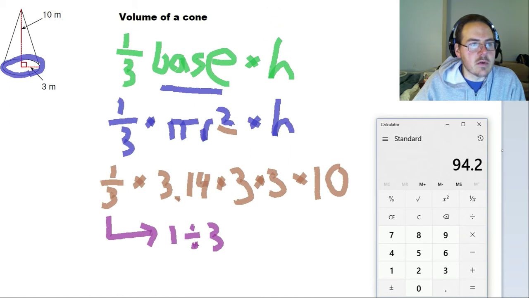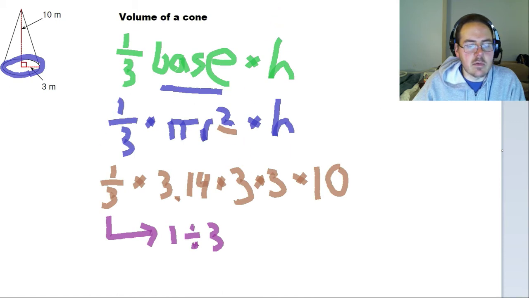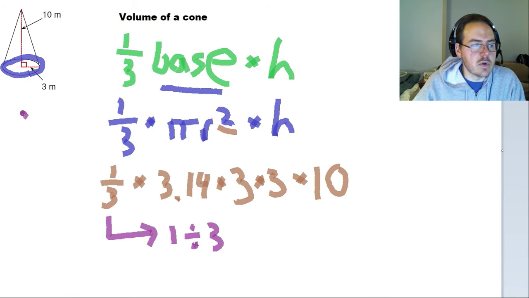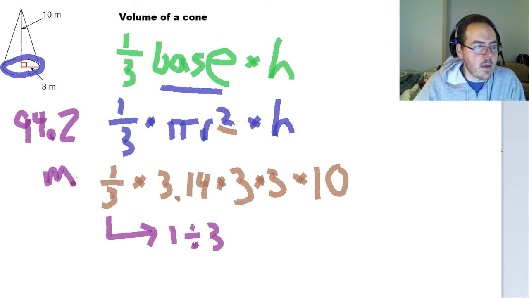The whole answer, the whole shebang, is 94 2/10 meters cubed.